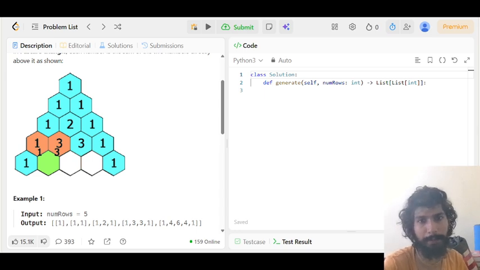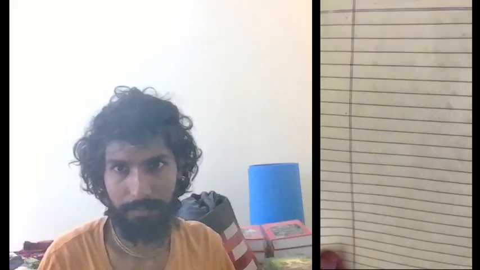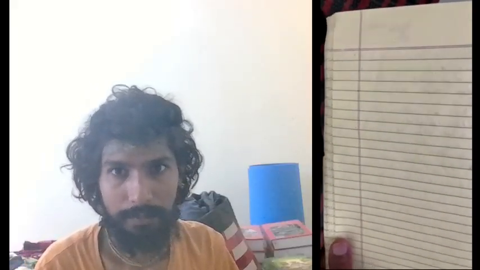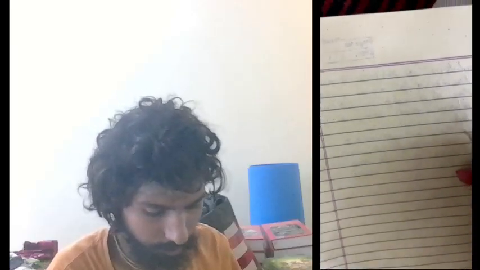Let me switch it to the pen paper view. I hope the screen is visible. So the formula is extremely simple. First of all, what is Pascal's triangle?